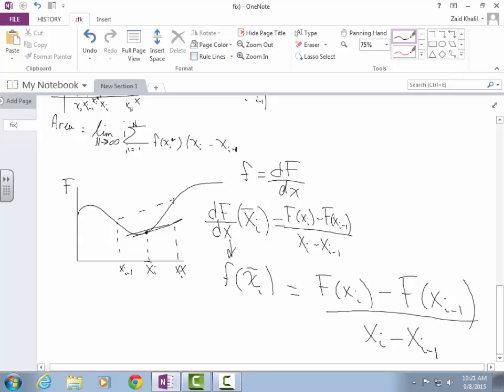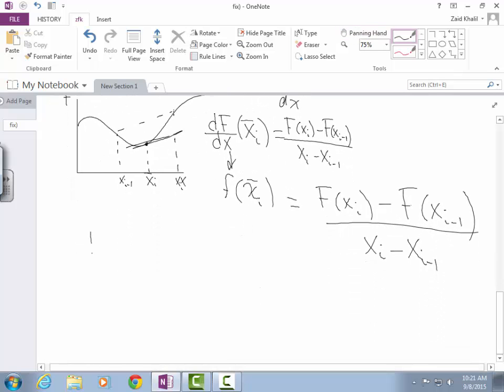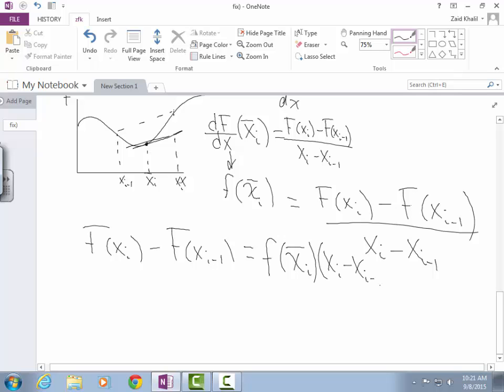Let's rearrange this. What we have is then that f of xi minus f of xi minus 1 is equal to, but that should look familiar to you guys. What does that look like?